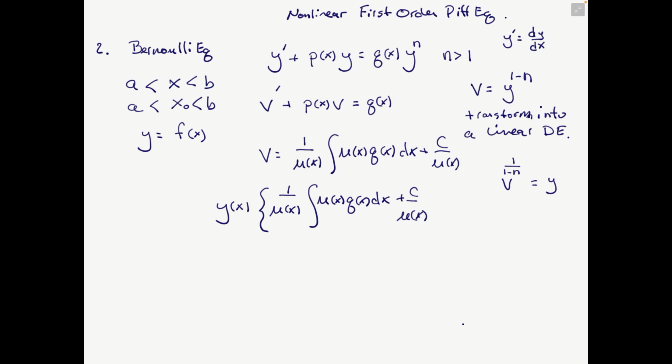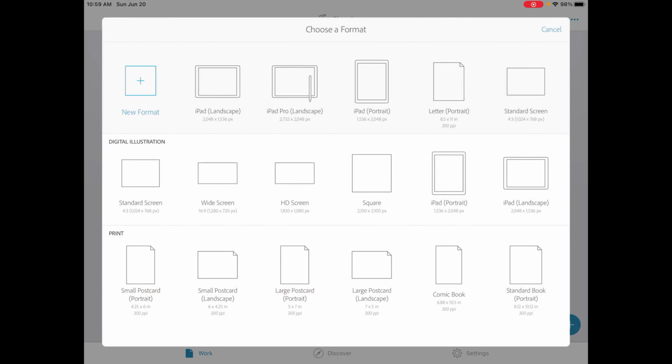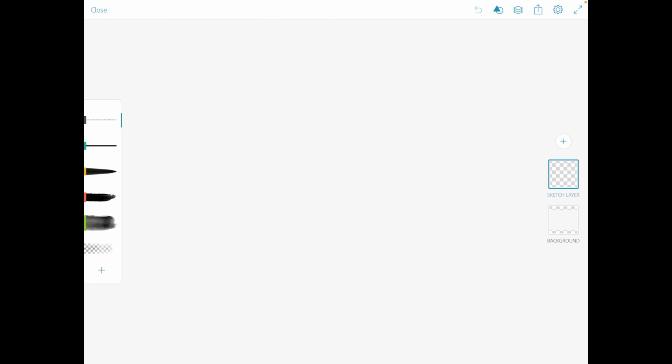And so the solution is y of x is 1 over mu of x times the integral of mu of x q of x dx plus c over mu of x, all to the 1 over 1 minus n.